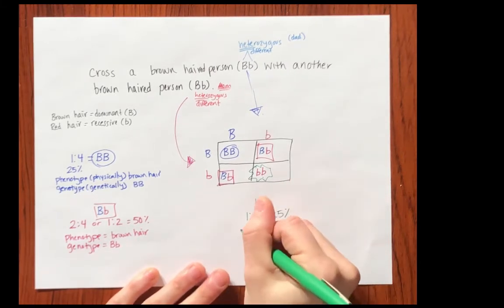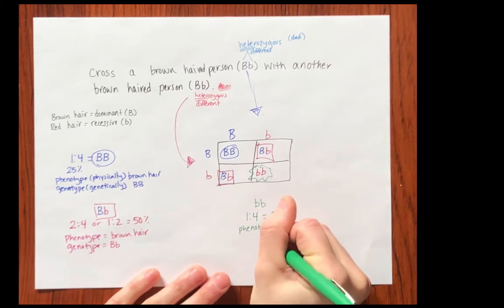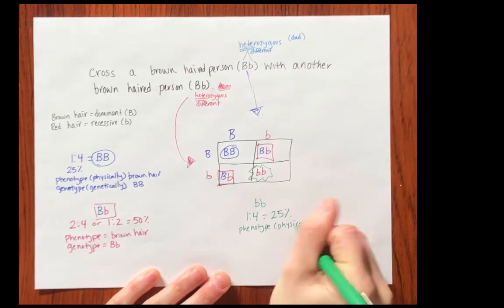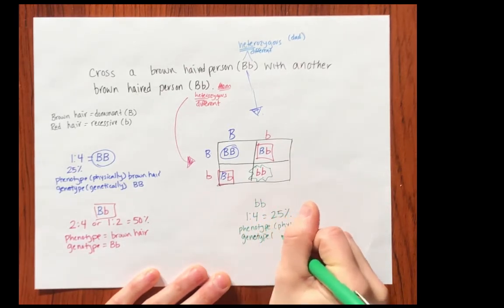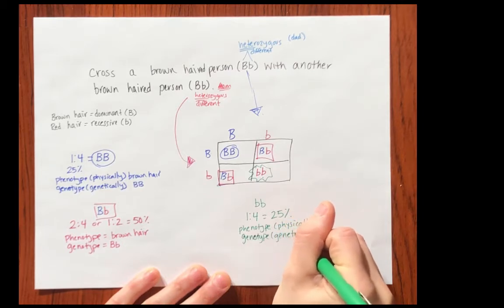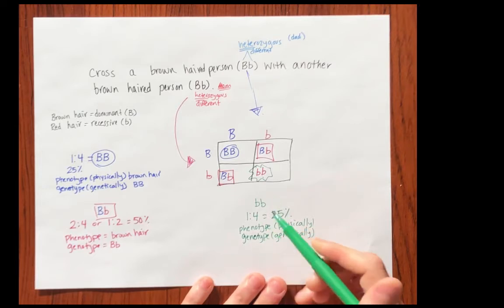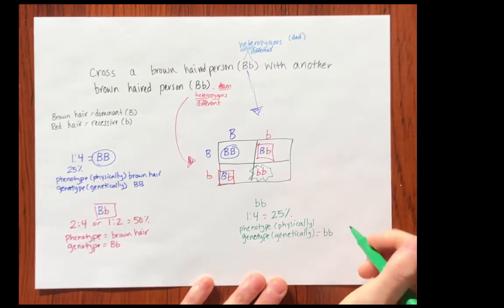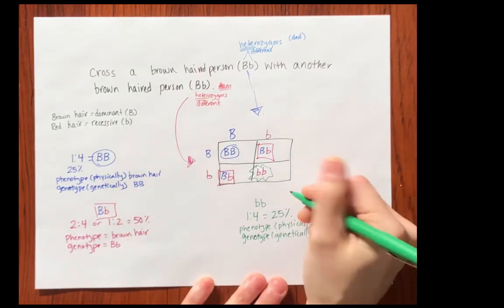And so if we're talking about what they are going to look like, their phenotype, that's physically, and their genotype, that's genetically. Genetically, they're going to show the little b's, which means that they are homozygous recessive.